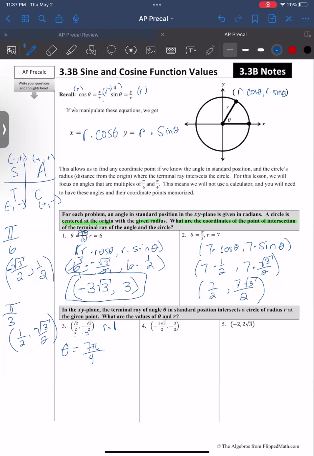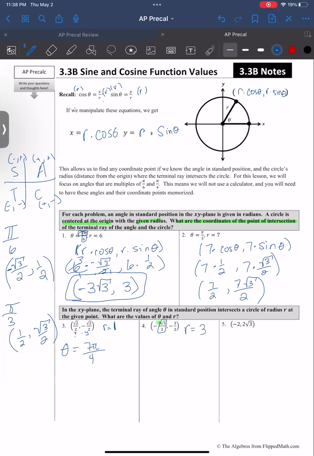So I notice I have this square root of 3 over 2, right? I know square root of 3 over 2 belongs with pi over 6, right? But there is something that is not normally there, and that's the 3 in the front. That means that my radius has to be 3, right?